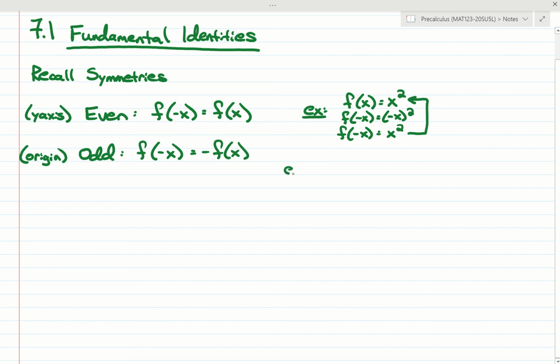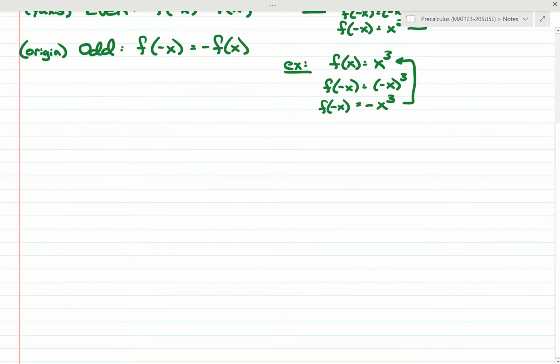So for an example, we looked at f of x is equal to x cubed. Now if you were to plug in the opposite of x, negative x times negative x times negative x gives you the opposite of x to the third. And that would be an easy example of an odd function.